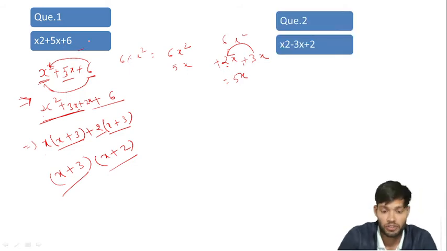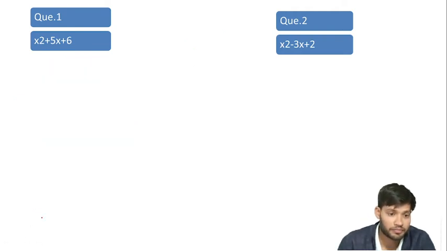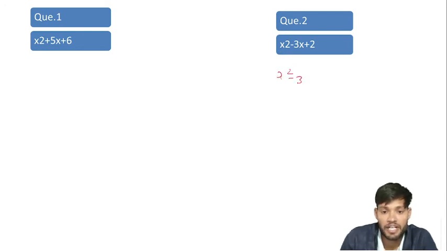Now again, next question. In the same format, the question is x square minus 3x plus 2. What do we do? Here x square and 2.